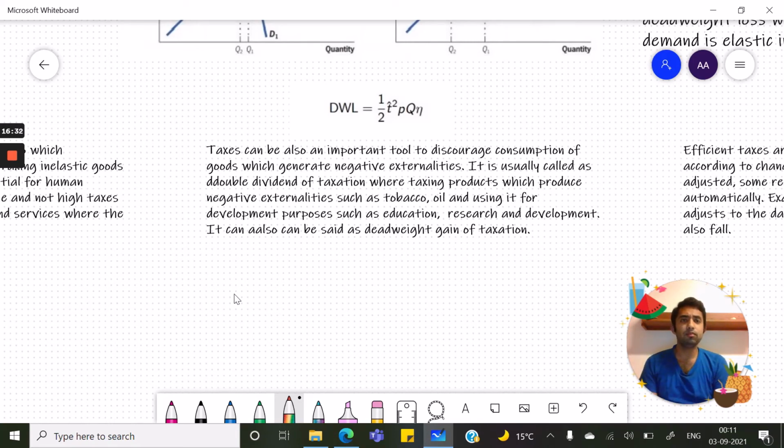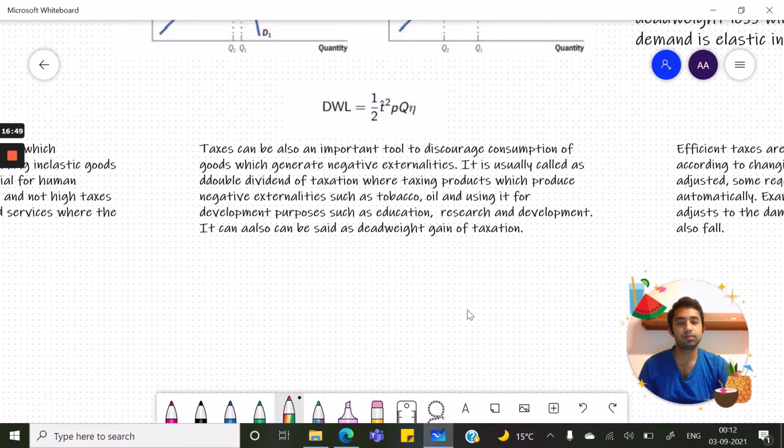Right. My professor calls it the deadweight gain of taxation. Right. So you're creating a deadweight loss, but you're converting that loss into some gains by investing into goods and services which are generating positive externalities.